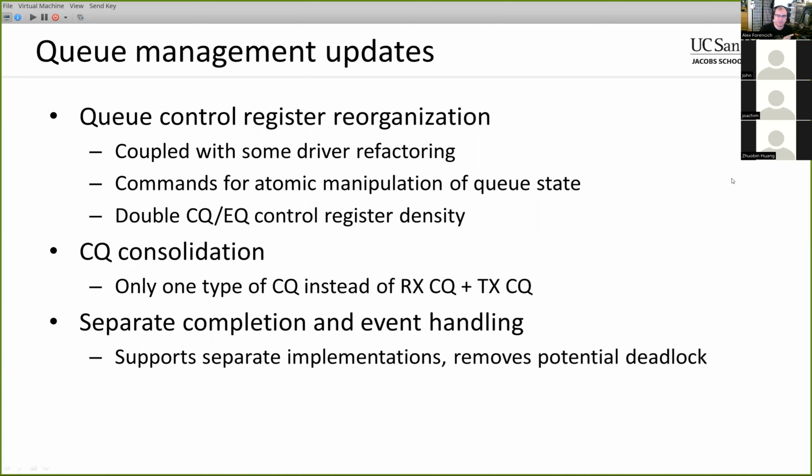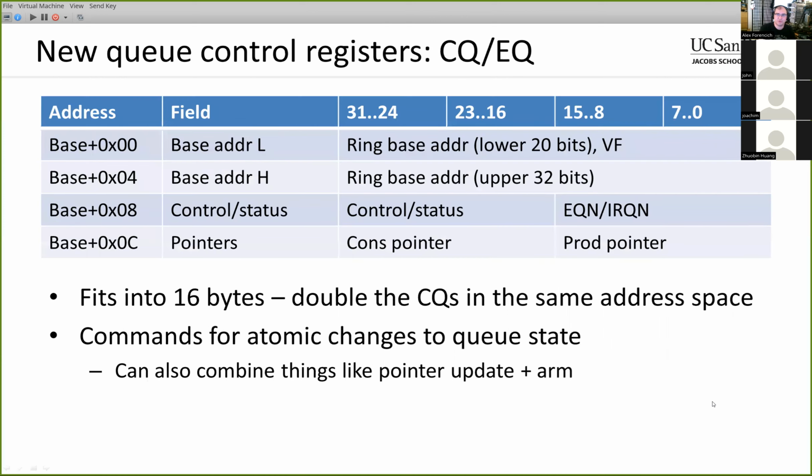I'm going to just very quickly go over what the new register format looks like for anybody that has an out-of-tree driver and needs to make some adjustments. So for the queue control registers, for the CQ and the EQ, it looks like this. We've basically packed everything together into 16 bytes.